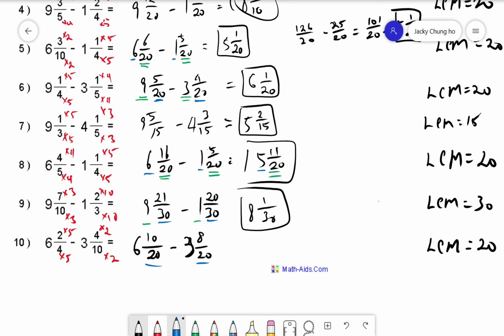Okay, 10 over 20 is still big enough to subtract 8 over 20, which is 2 over 20. In this case, I will reduce it. So 2 over 20 will become 1 over 10. And 6 minus 3 will be 3. So altogether, the final answer is 3 and 1 over 10.